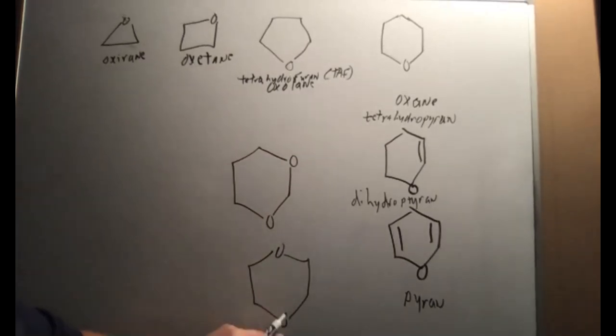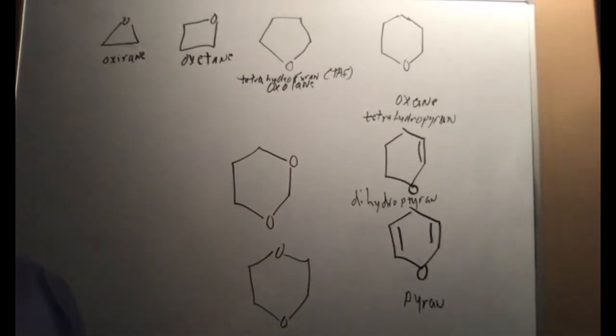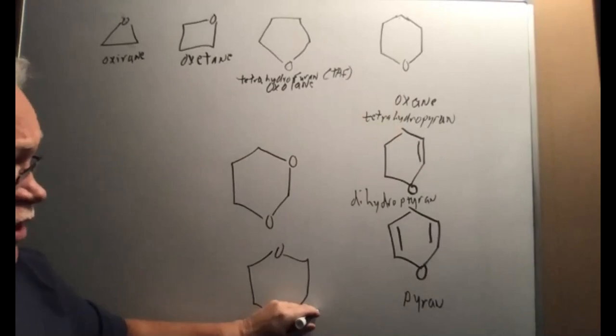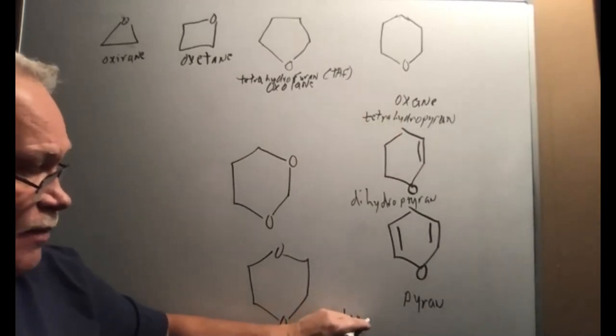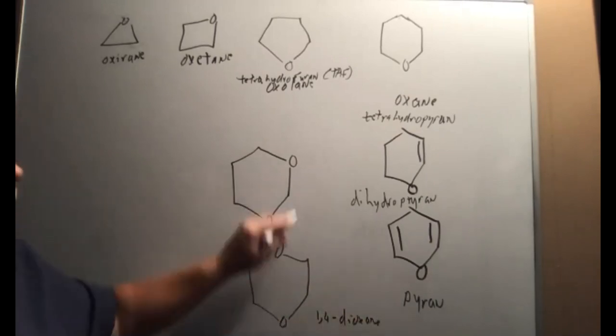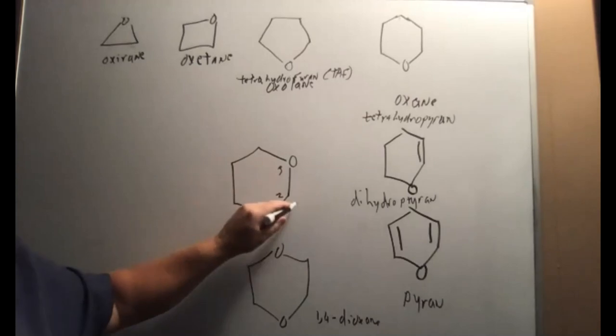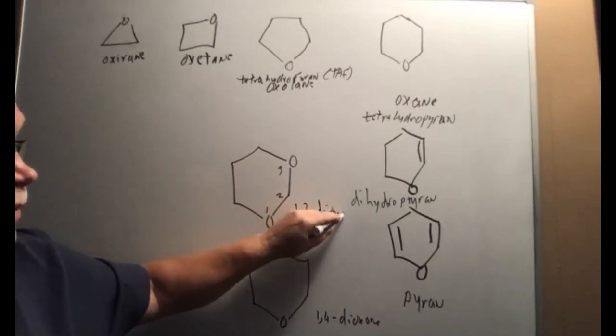This is called 1,4-dioxane, okay, because notice it's an oxane, but there's 2 of them. So this is 1,4-dioxane. And what do you think this one would be then? 1, 2, 3, 1,3-dioxane.